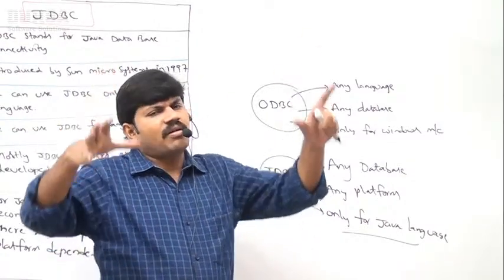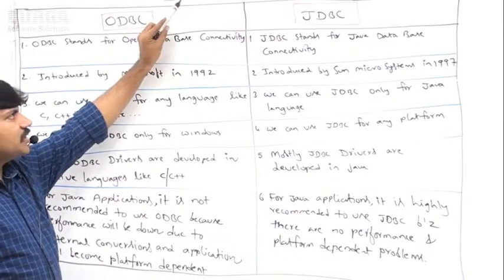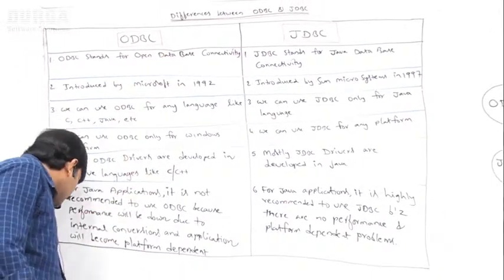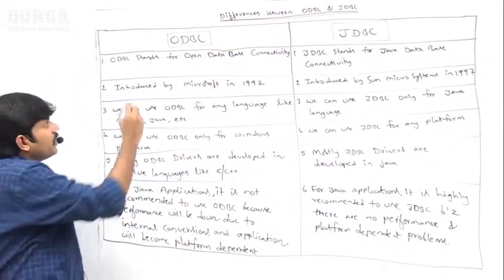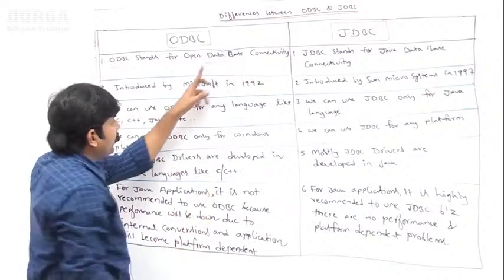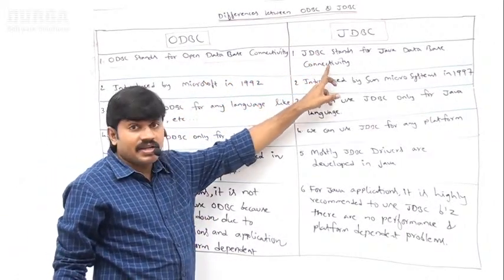Let me summarize all the differences. Just have a look once. Differences between ODBC and JDBC. ODBC stands for Open Database Connectivity. JDBC stands for Java Database Connectivity.